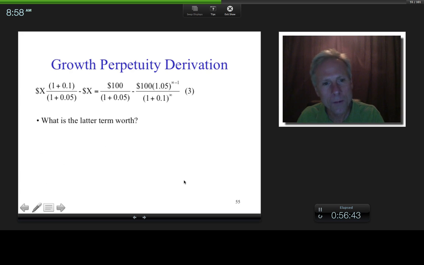So if I go on, well, what is this worth? Well, what's growing at a more rapid rate? The thing on the bottom or this thing on the top? Now you might say, well, this is bigger than that because this is infinity and that's infinity minus 1. But is there really a significant difference between infinity and infinity minus 1? There isn't, right?